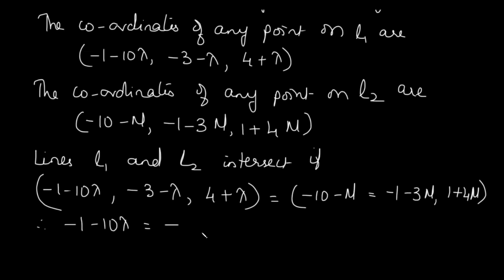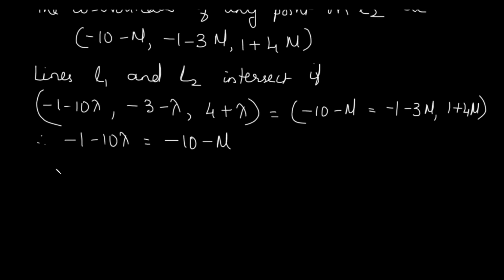And in the same way, we should also have minus 3 minus lambda equal to minus 1 minus 3 mu, and 4 plus lambda equal to 1 plus 4 mu. This should be the case.